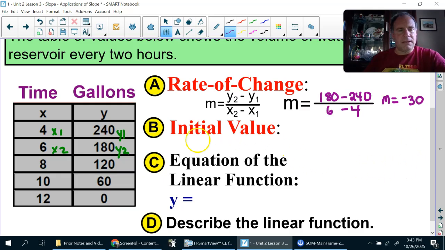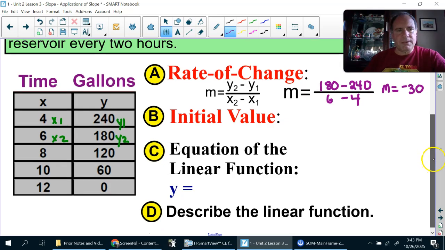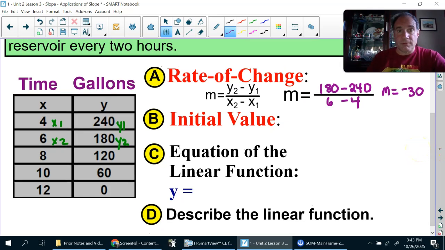All right, initial value here, a little bit difficult to see. Remember, we should use the point slope formula to get the initial value because we are missing the y-intercept, or we could do something with the pattern of the table to get where x equals 0. So I'm going to use the pattern.